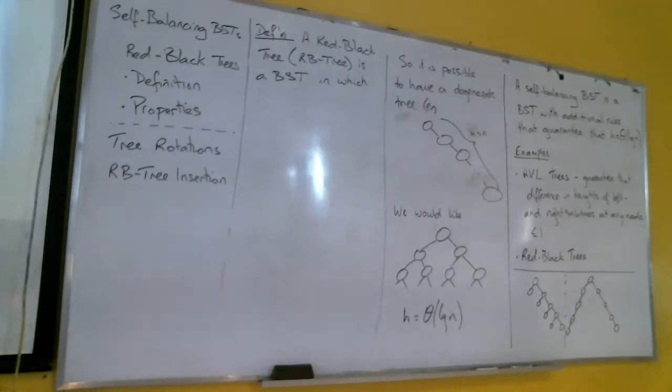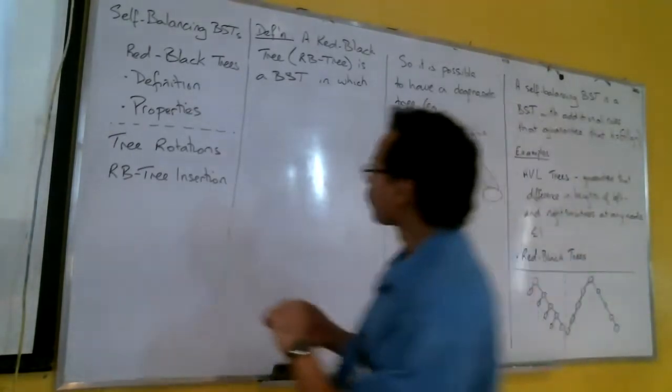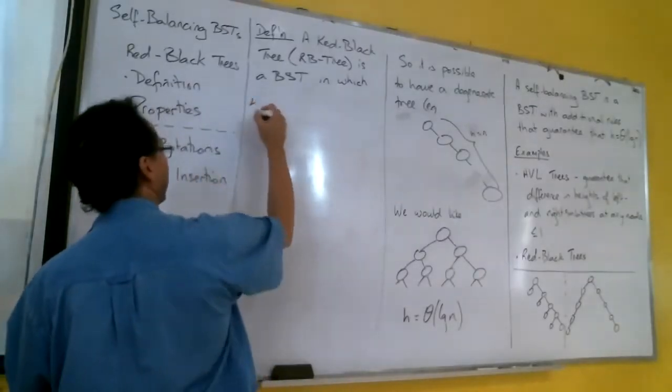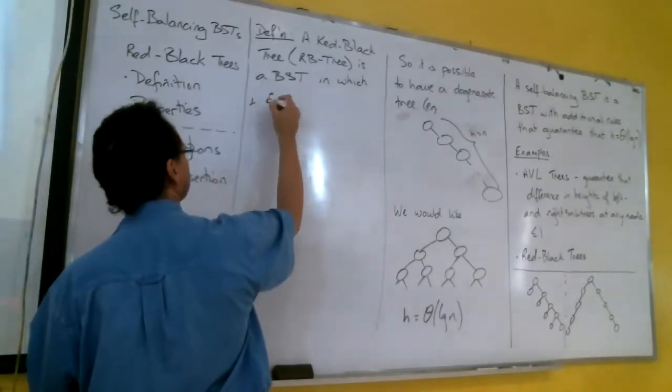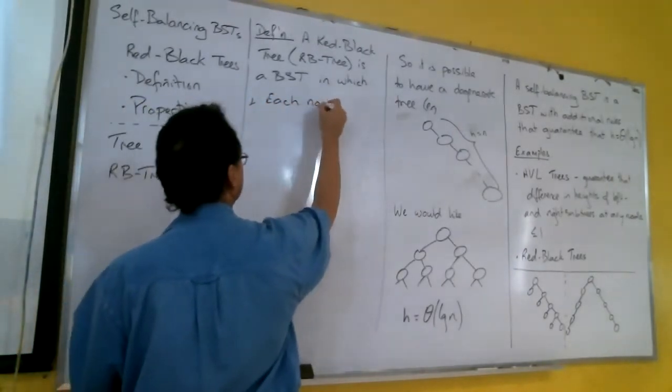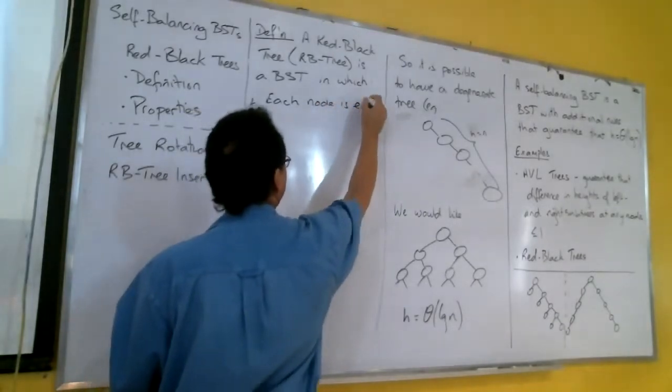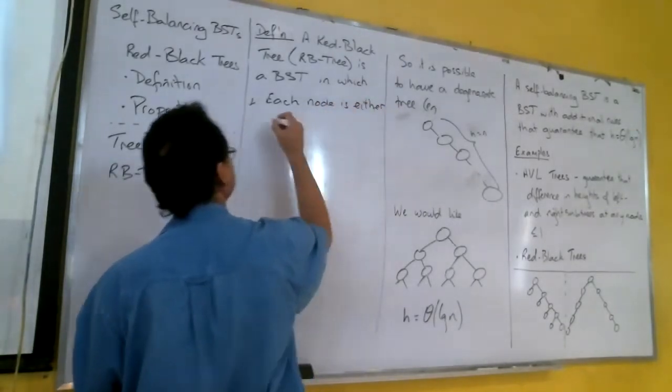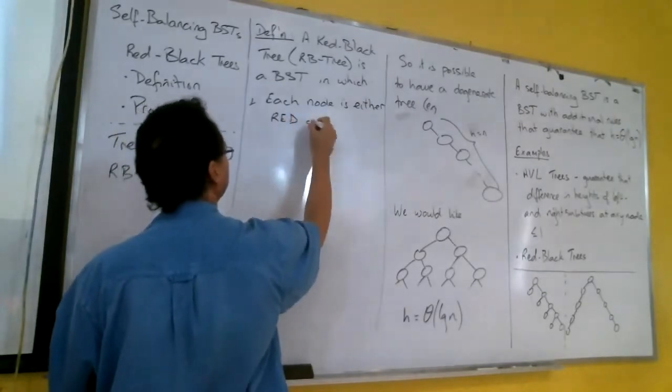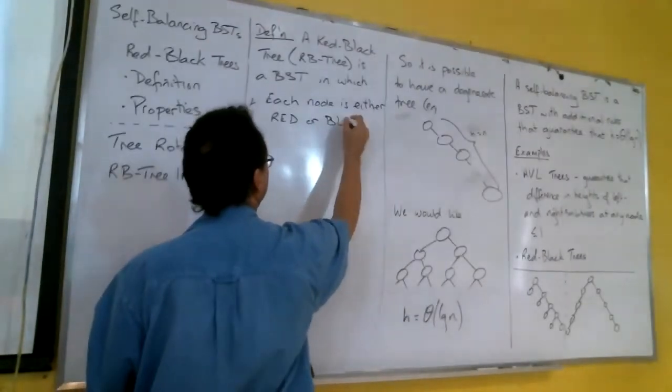Basically there are 4 other properties in addition to being a binary search tree. Remember, it's already a binary search tree, so it already has the left to right ordering that we have for all binary search trees, and it's already a binary tree. In addition to that, first of all, every node is one of 2 colors, red or black.